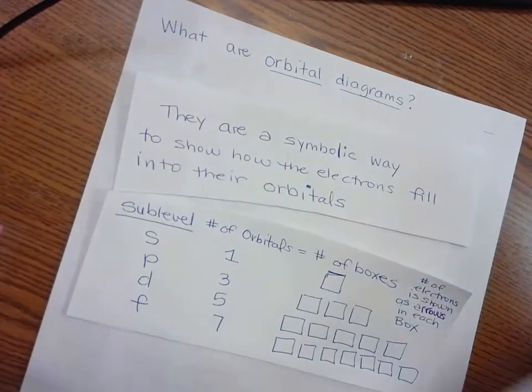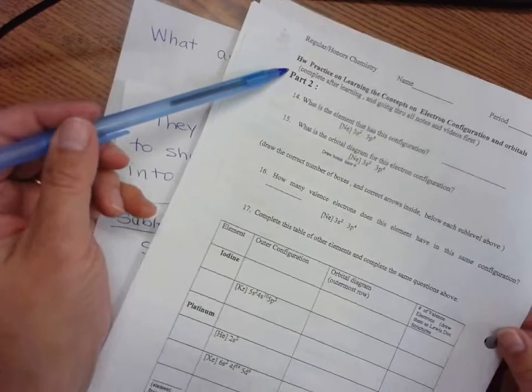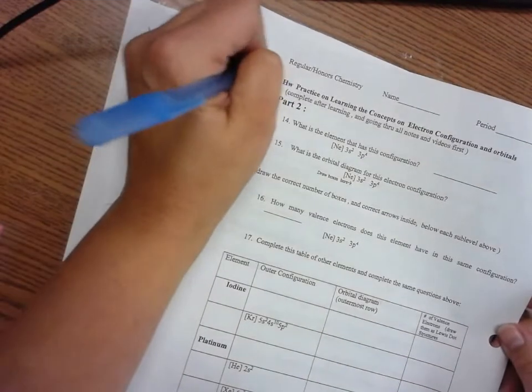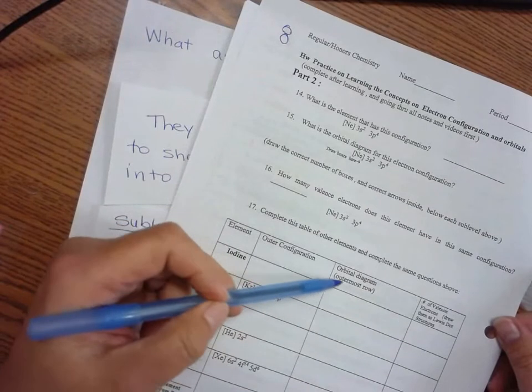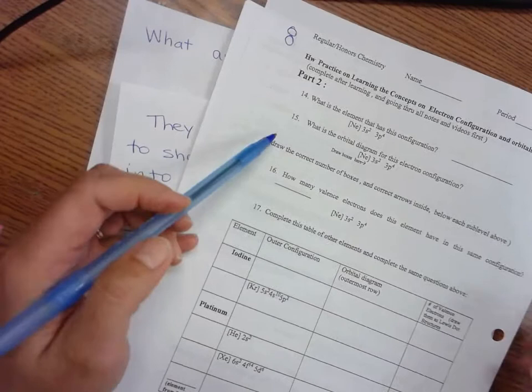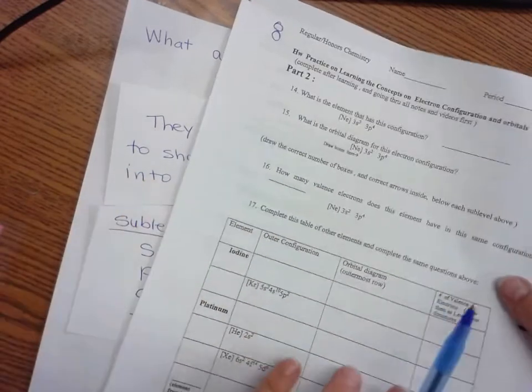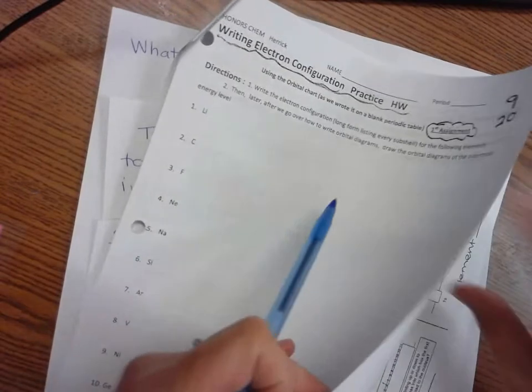They're what we fill in on homework number 8, the back side of number 8. We're going to fill in the orbital diagrams, which is the outermost row, the final row. You're going to see some written out in number 10 that you're going to fill in arrows.